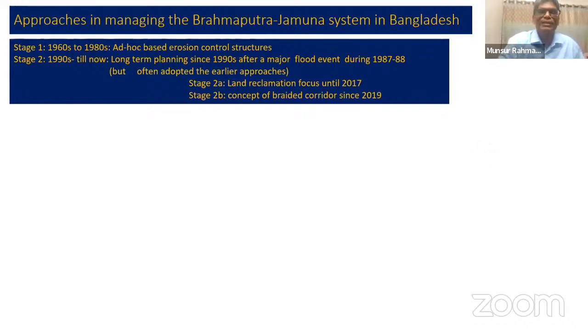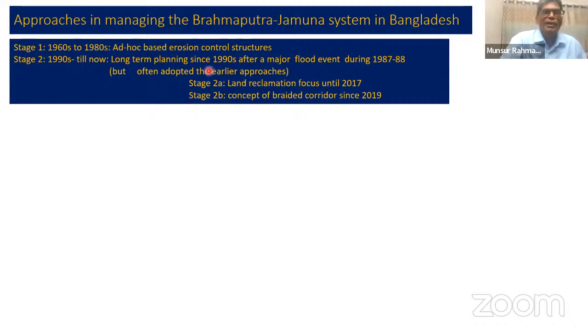So if somewhere there is erosion, then the protection works are necessary because of the people's demand and also the national demands. But since the 90s, when we had a big flood, like in 1987 and 88, then long-term planning started.